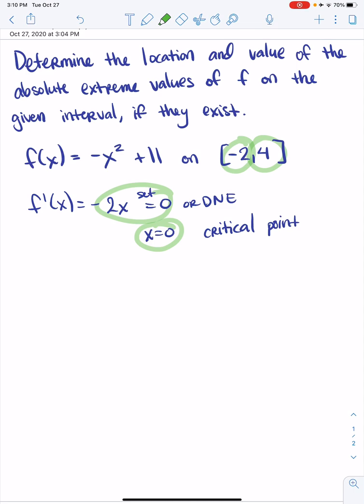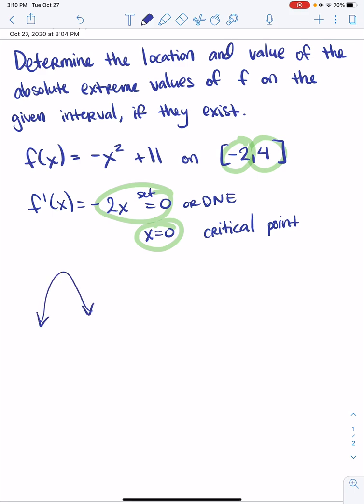Now I should have said also with the extreme value theorem, we need to know that our function is continuous. And we do know that this is continuous because f of x is a parabola. The minus x squared means that it's a parabola pointing downward, right?